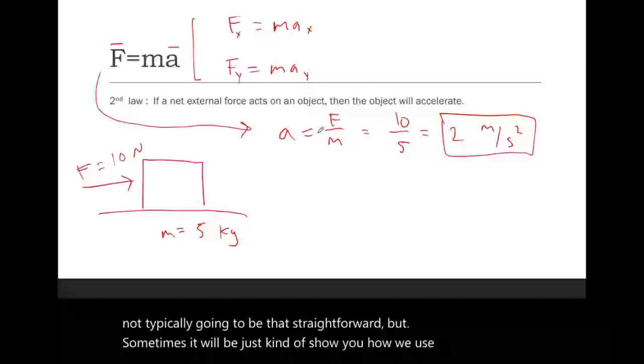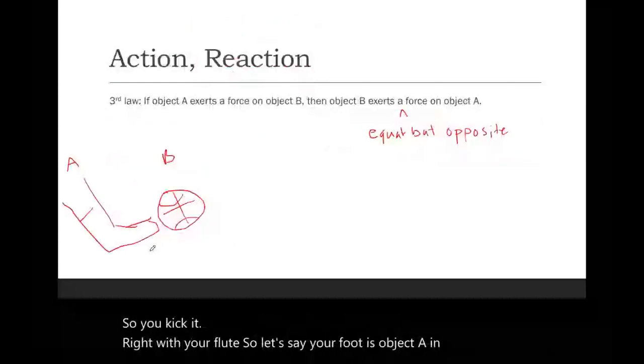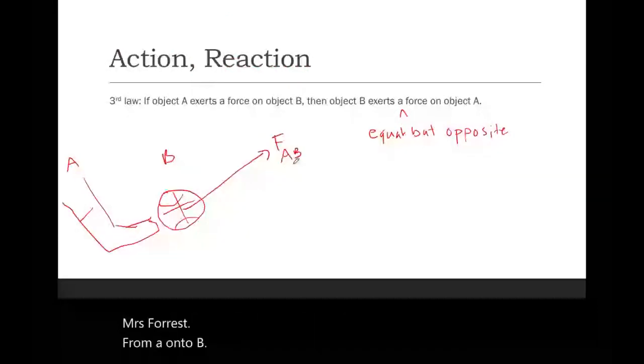So let's say your foot is object A and the ball is object B, and you kick the ball, so there's a force going that way. This is the force from A onto B. This is a little notation that you might see in class, AB.